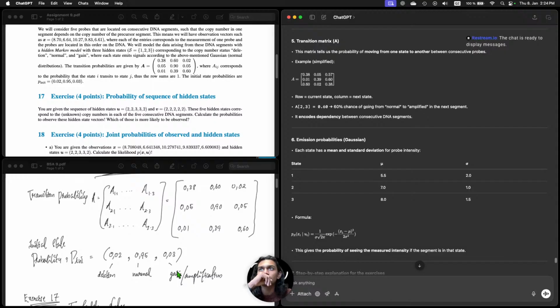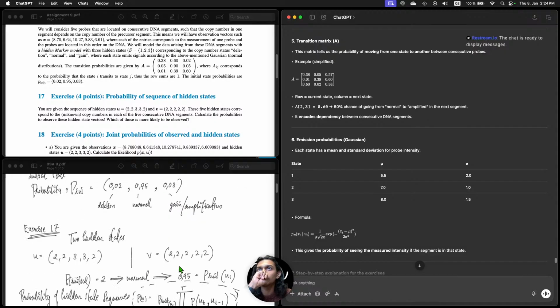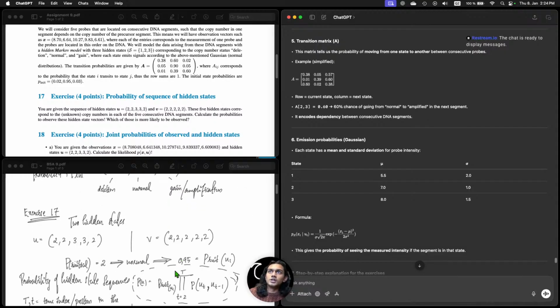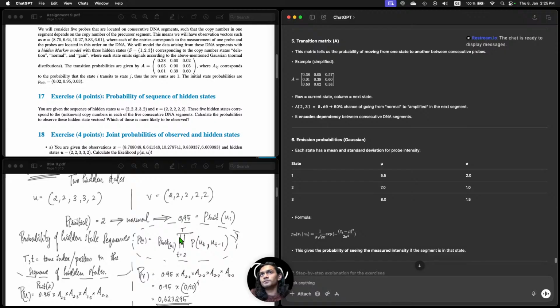So transition probability, initial state probability. We have 3 hidden states. We have 2 sets of hidden states. Given the sequence of hidden states, these 5 hidden states correspond to an unknown copy number in each. Which of those is more likely to be observed?